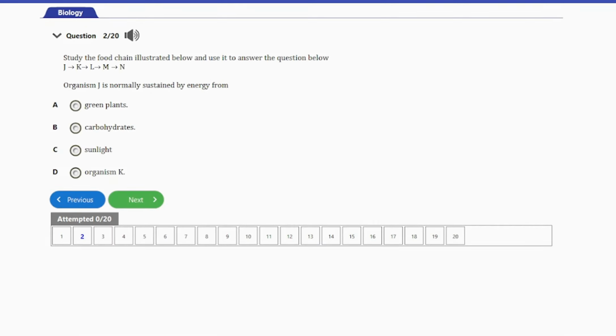Question number 2. Study the food chain illustrated below and use it to answer the question.